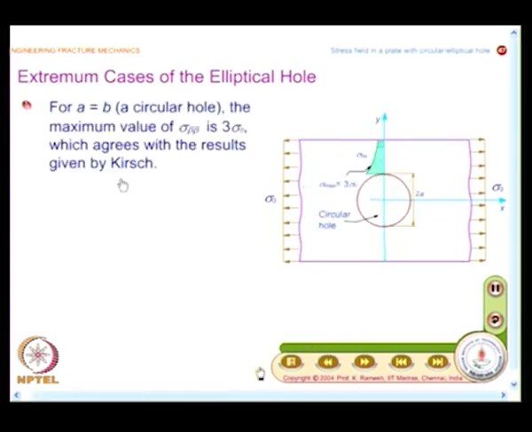And this is what was obtained by Kirsch way back in 1898, and you find when you have a circular hole, the maximum stress is 3 times the far field stress.